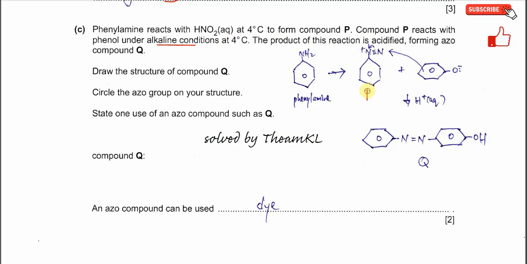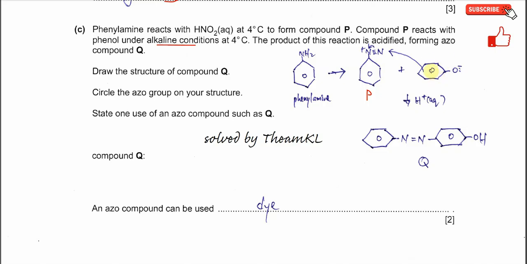This is P. And this benzene diazonium ion will react with phenol, and this phenol needs to form phenoxide first. Means when phenol reacts with hydroxide or alkaline, it will form this phenoxide. So it's actually more active, we say that. So it will activate the ring better.